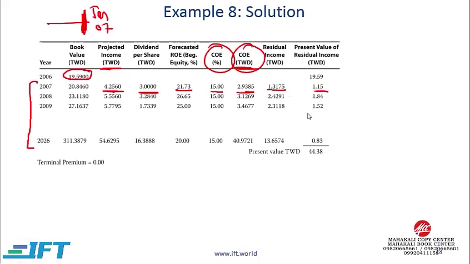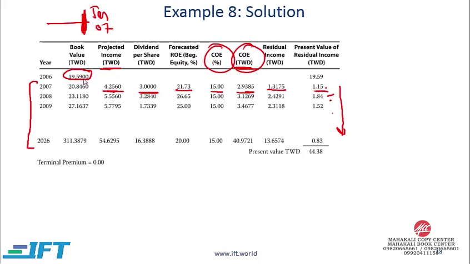So if we have a spreadsheet, we can do the same analysis for 2007, 8, all the way till the end of 2026. So we can come up with all these residual income numbers and the present value. We also have the book value at the start of the period.